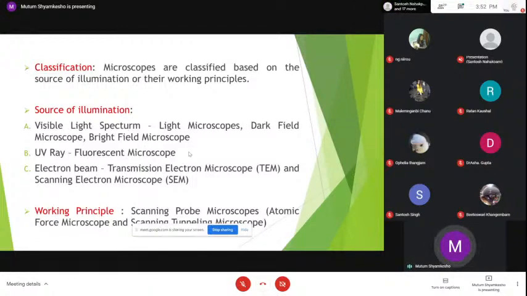For this microscope, the samples should be very, very thin or ultra thin, and the image is formed by the transmitted electrons. Thus the name transmission electron microscope is given.